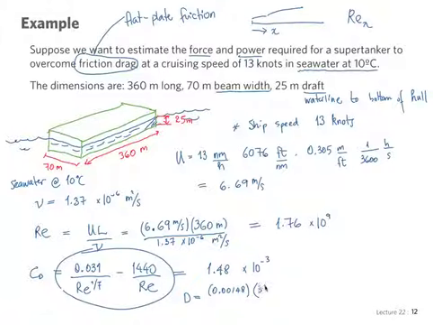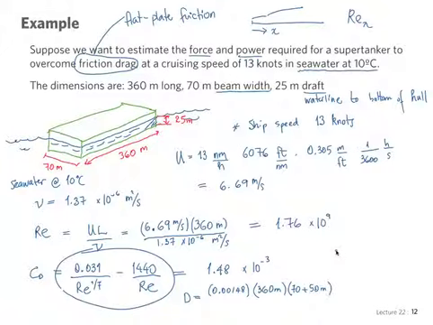We have 360 meters times, where the bottom flat plate, right, 70. But we're also going to consider these two little stripes on two sides, which is 25 and 25. So 2 times 25, 50. That's the total area that is parallel to the flow of the ship.